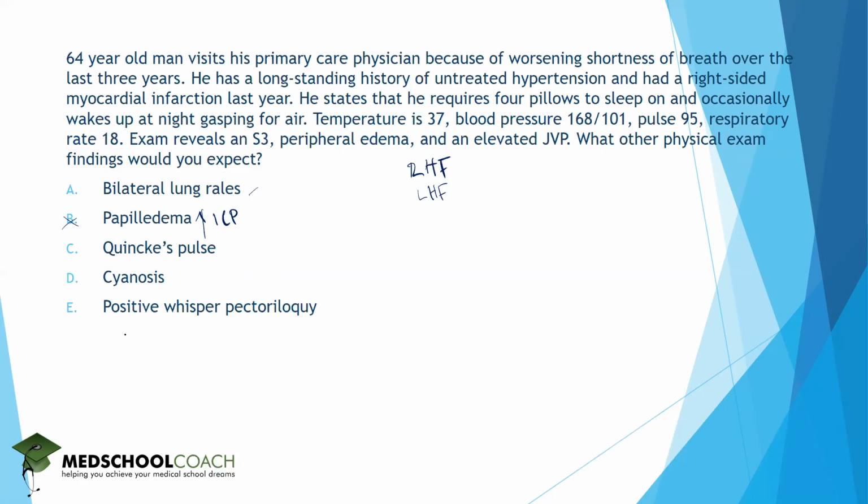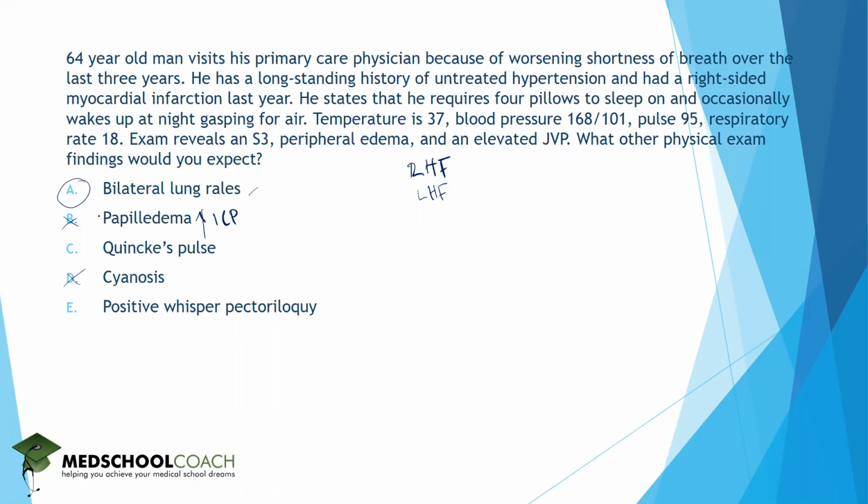Cyanosis, maybe if he was having very poor cardiac output, but he's able to move around and everything, so probably not cyanosis. I'm not sure what the positive whisper is, so in this case, just knowing what I know, I would probably go with the lung rales.